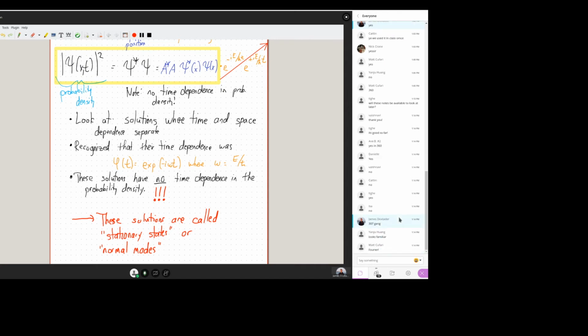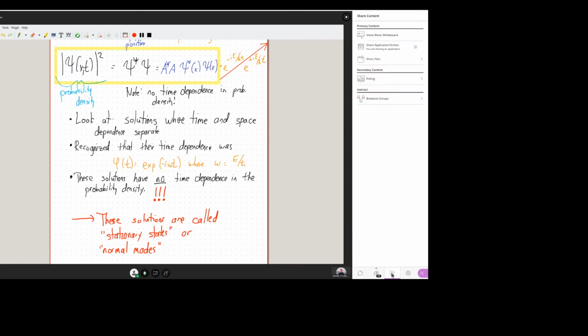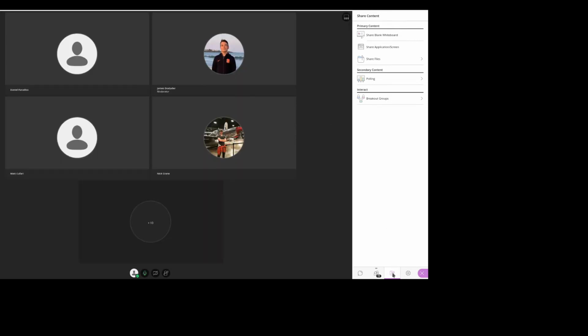It looks like you can. Let me just check that the recording is still going. Okay, so now I'm going to switch to sharing my entire screen. Blackboard Collaborate will not let you share an entire screen if you have an external monitor connected. It doesn't do the right thing.